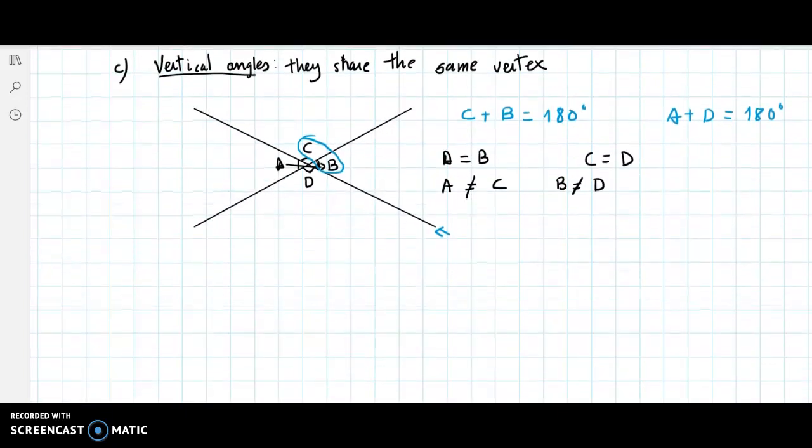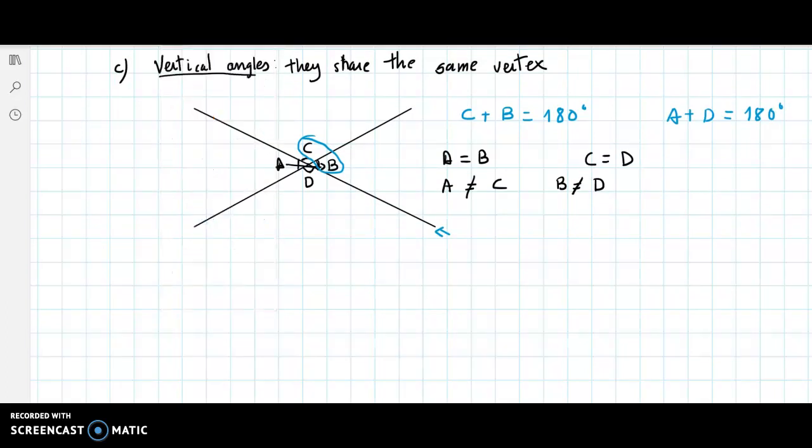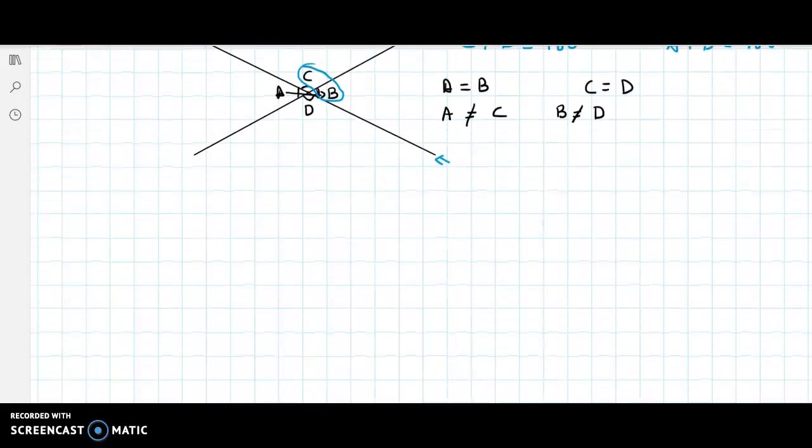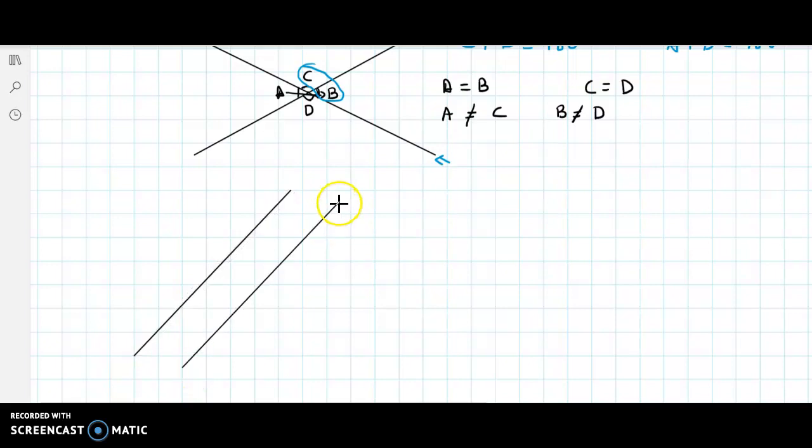So finally, we are going to see the following situation. I'm going to make two parallel lines. So two parallel lines. So one here and another here.